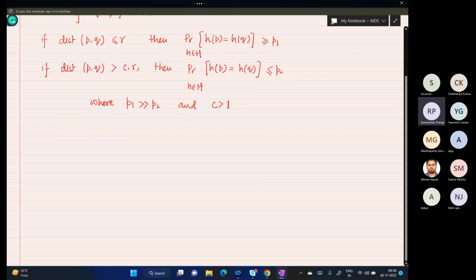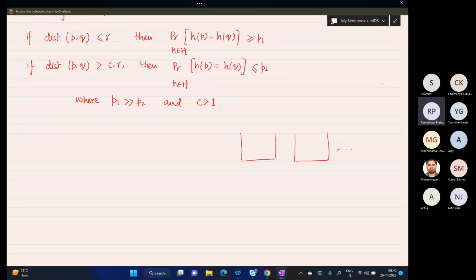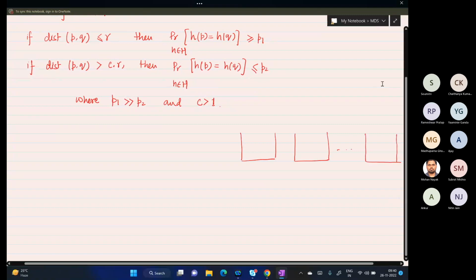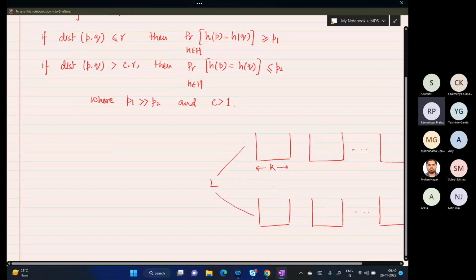So basically, using this hash function, we design several buckets. Each bucket ID is of size k, and we stack LSH buckets. This is an L stack of buckets. Essentially, the ID of a bucket is a concatenation of k such hash functions.